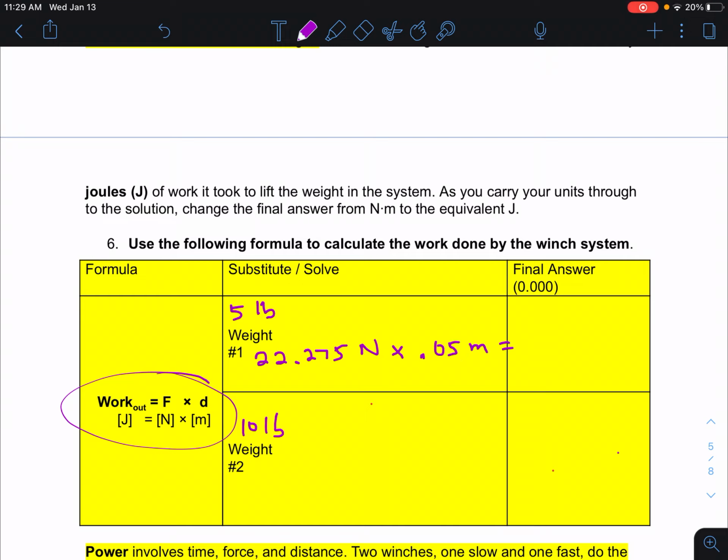And put that 1.8. Sorry, it's a little bit messy there. I'm trying to be neat.